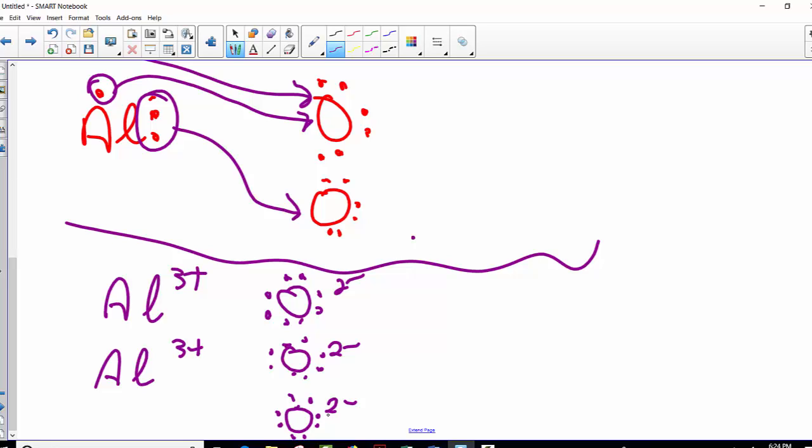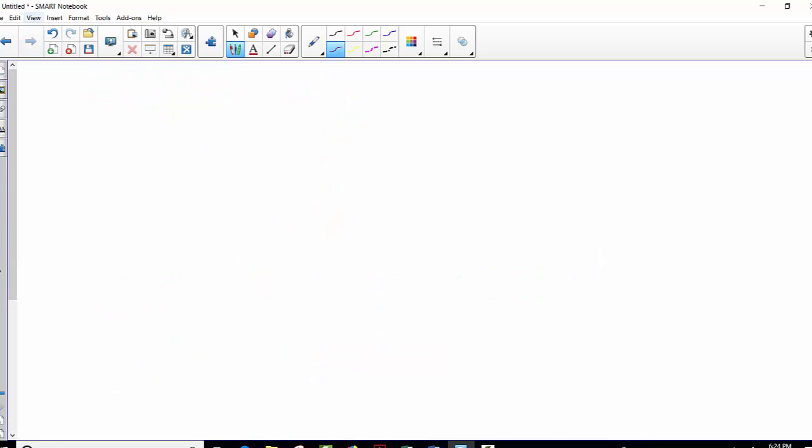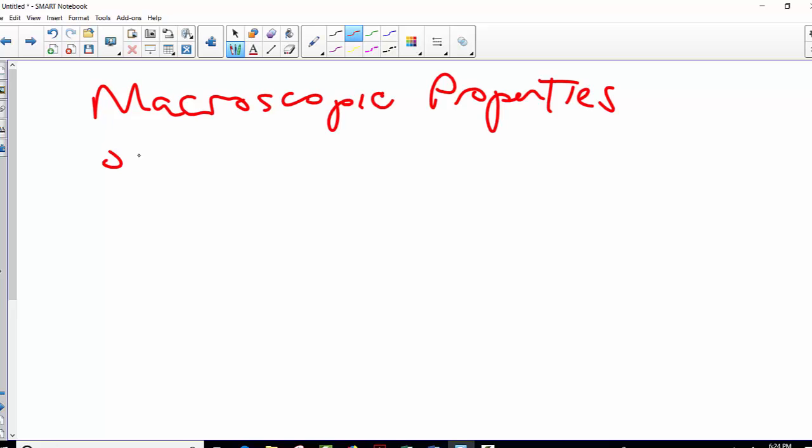Now, if we think about this, just like we did the metallic, if we think about this in terms of macroscopic properties, what are macroscopic properties of ionic compounds?